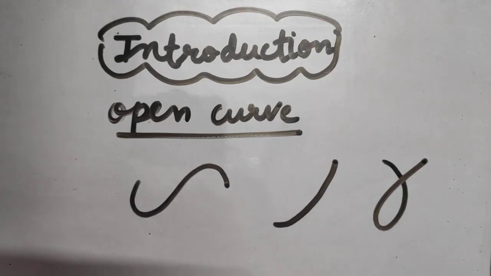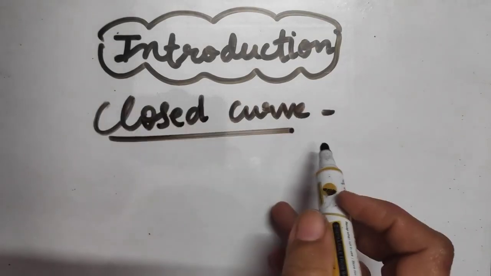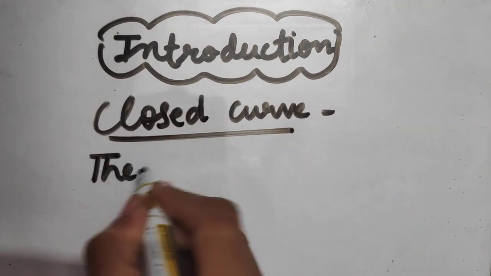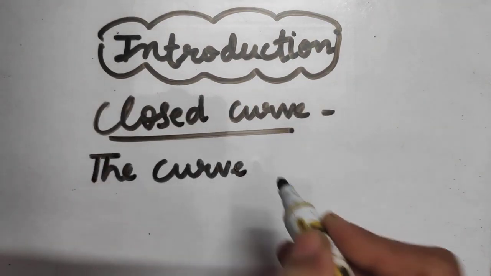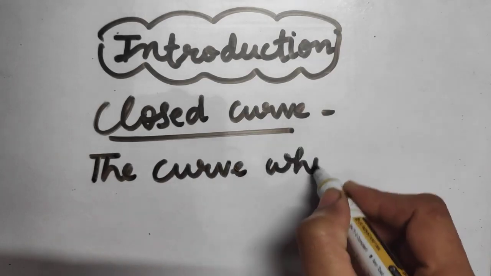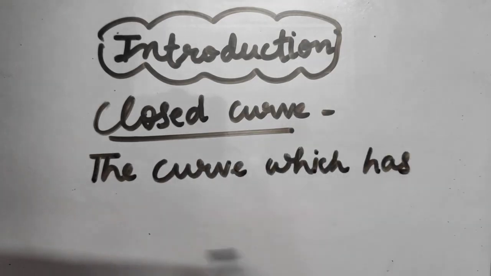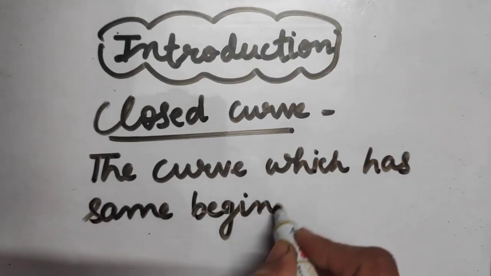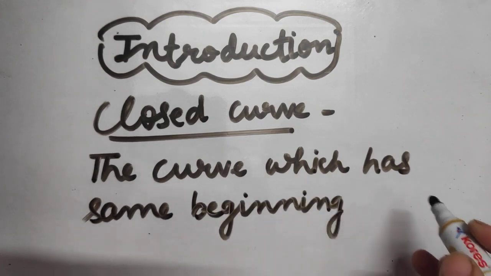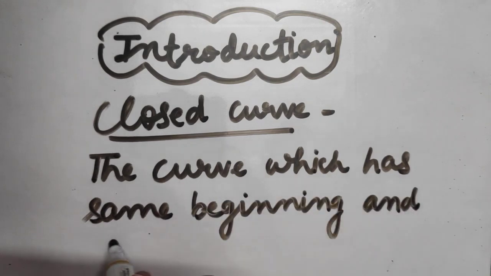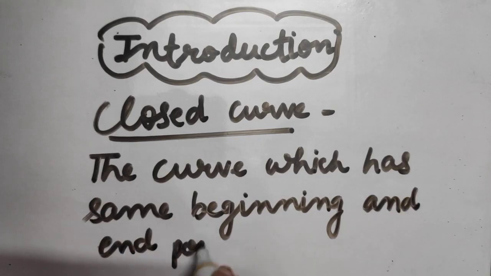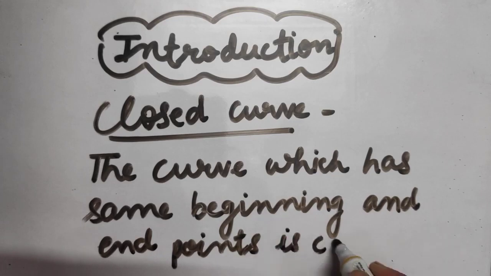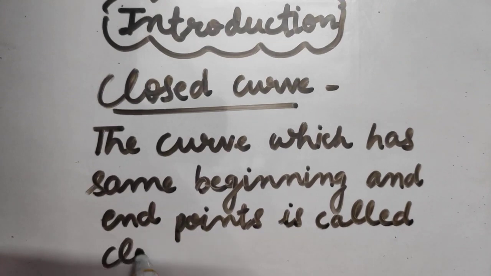Let us talk about now closed curve. So what is a closed curve? The curve which has same beginning and end points is called a closed curve.